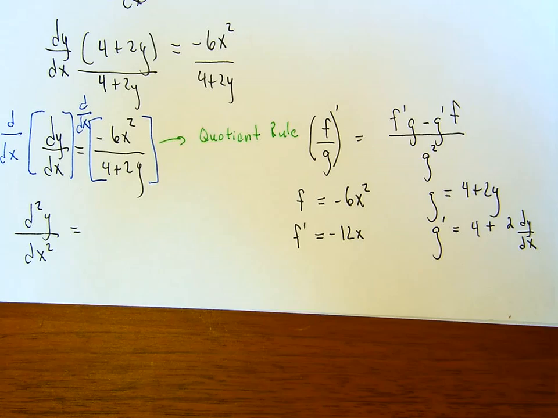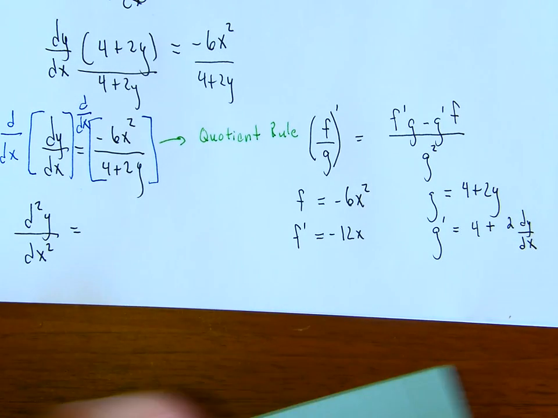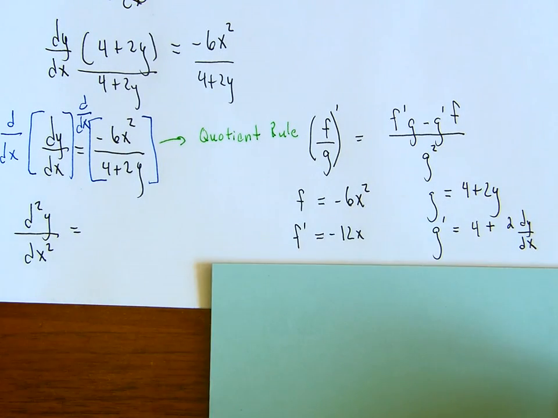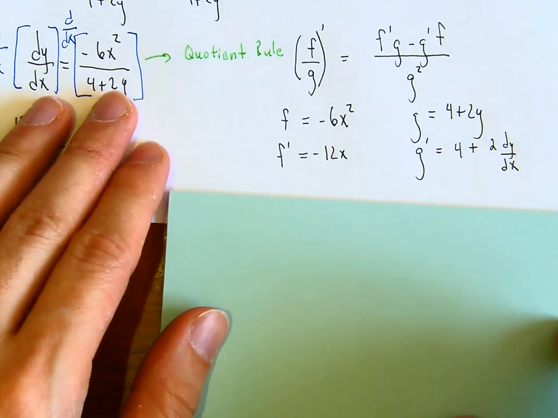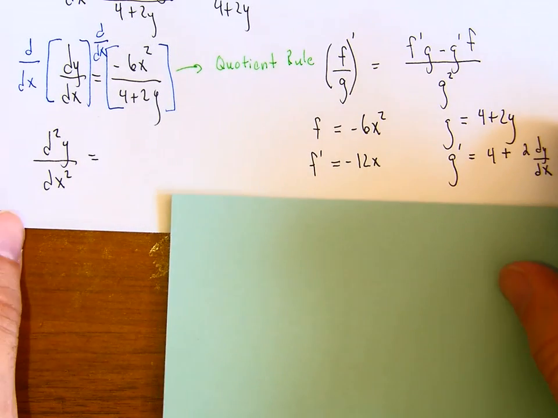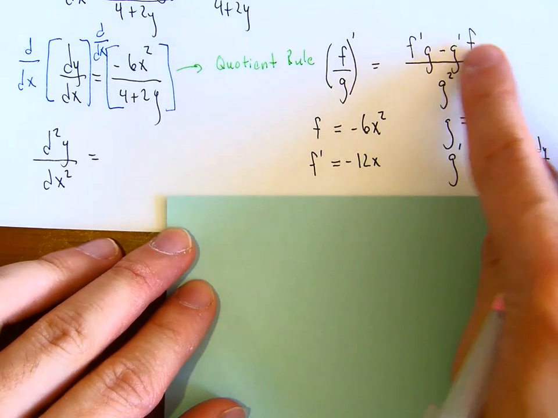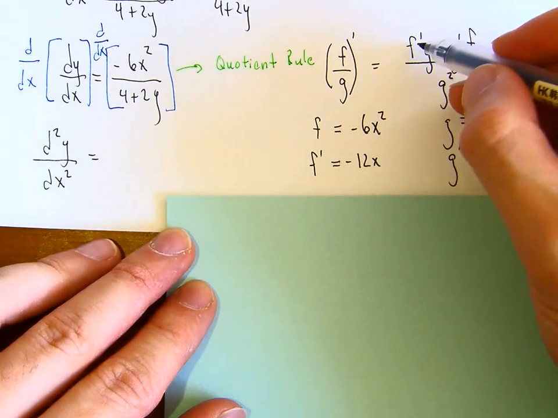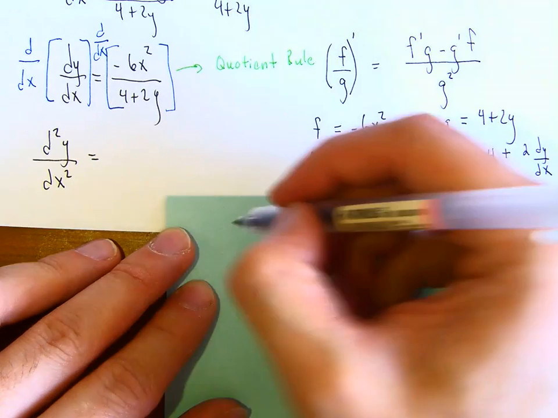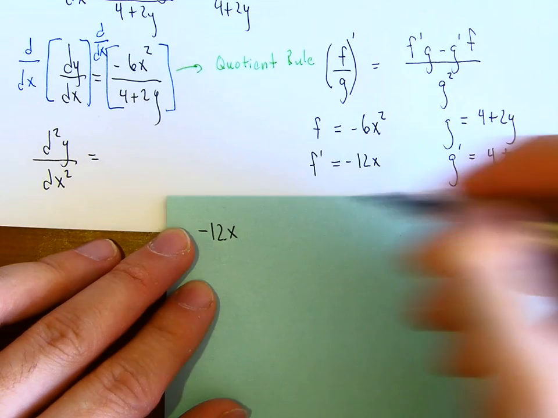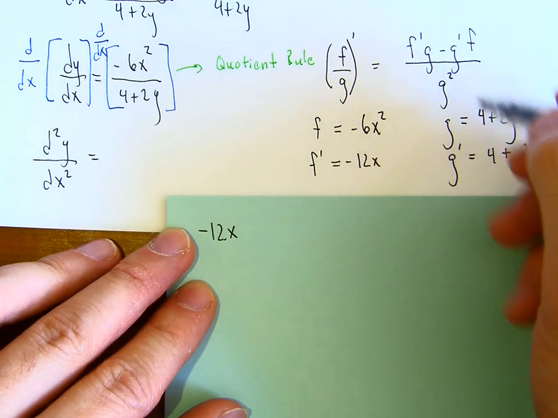So let me get a sticky note so I can continue a little bit within this. So how do you continue from here? We need to plug everything in here, right? So f prime is what? F prime is negative 12x times g. And what is g?